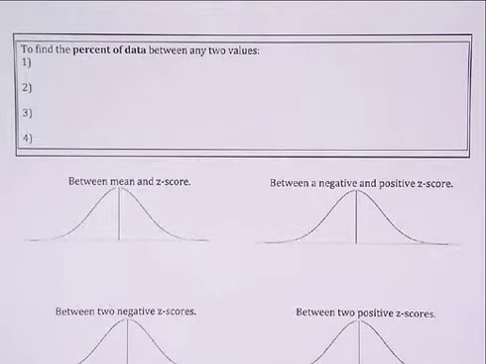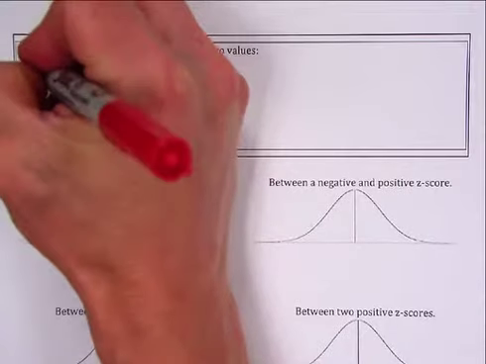Alright, so on the first page I gave you the percent of data between several very common values within 1 standard deviation, 2 standard deviations, and 3 standard deviations of the mean. But you can actually find the percent of data between any 2 values. So, very important, number 1, the first step is to sketch the diagram.